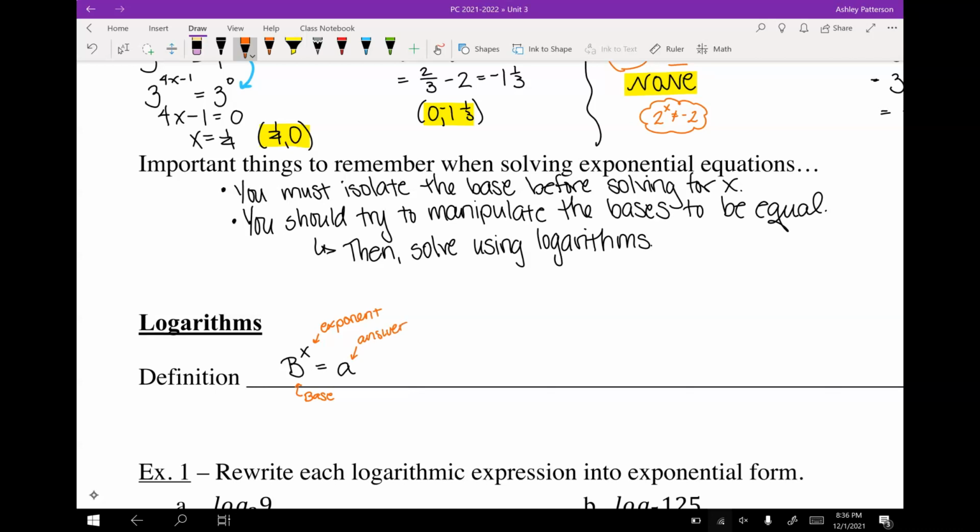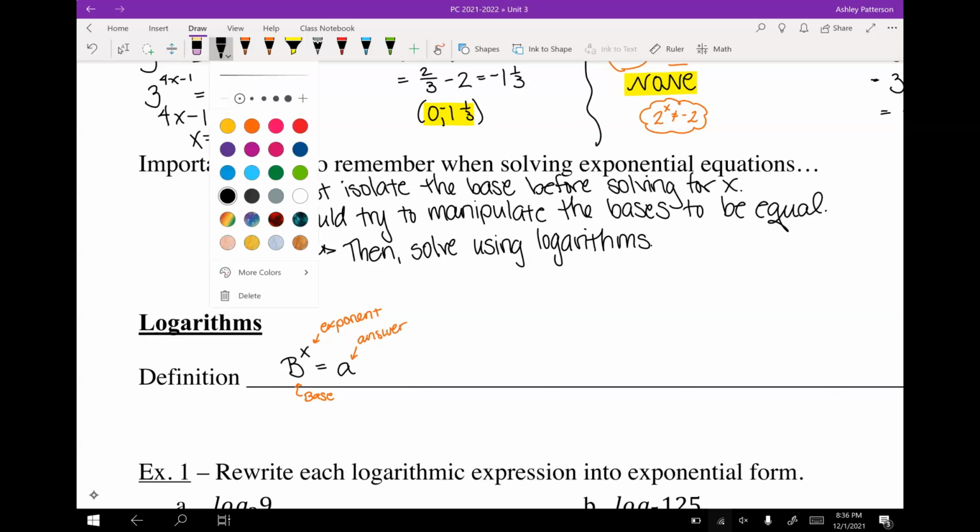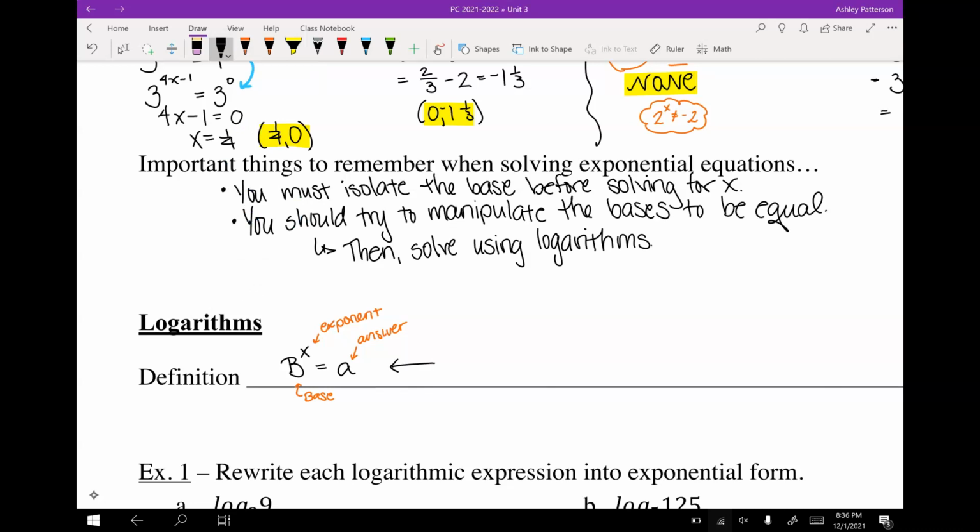And then we get an answer. Well, what is the relationship between a logarithmic equation and an exponential equation? Well, it looks like this. A log is an operation. So we're going to take the log base b of the answer, and it's going to give us the exponent.